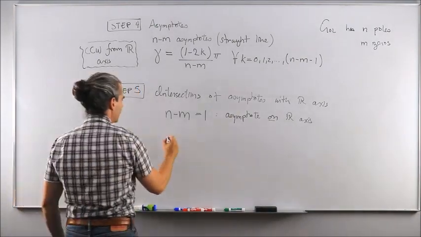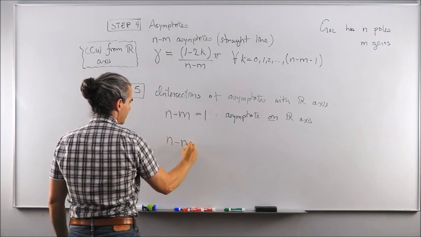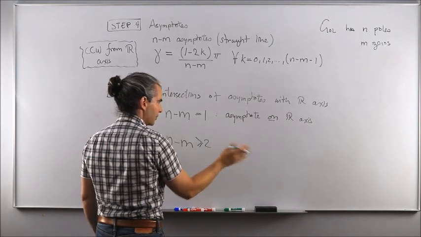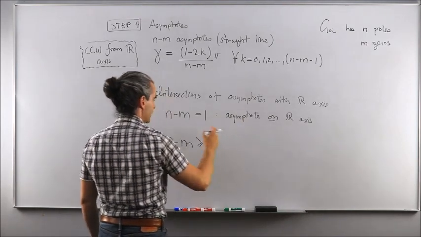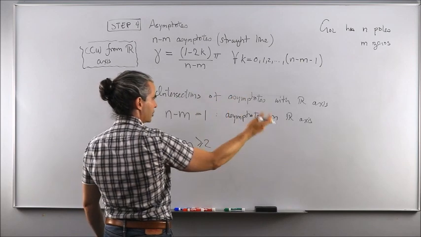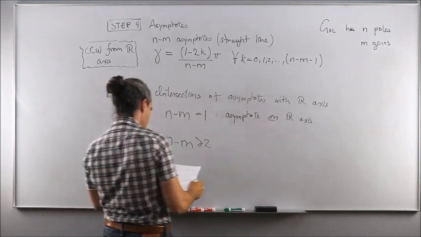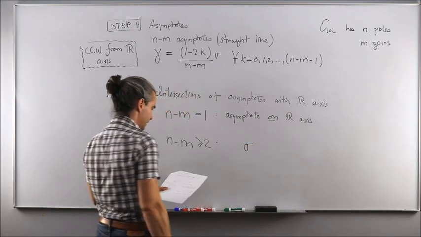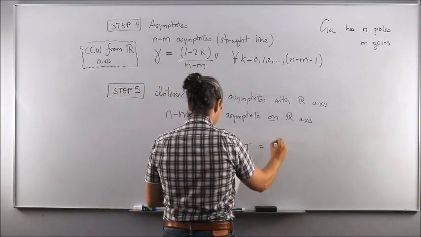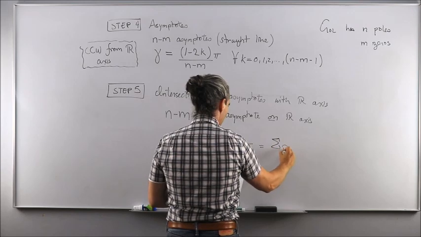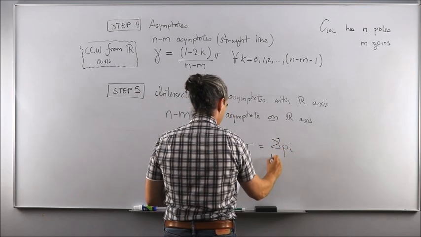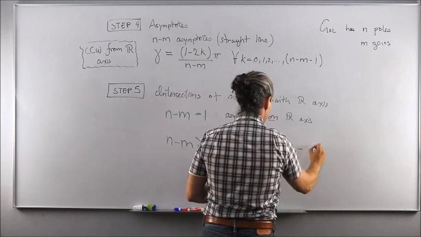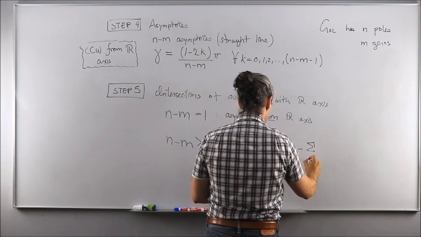But if you get 2 or more asymptotes, then it means that things will be symmetrical, and you can have one asymptote flying off at a direction from the real axis, in which case you need to calculate the intersection point denoted by sigma equal to the summation of all the poles from i equal 1 to n poles minus the summation of all the zeros.